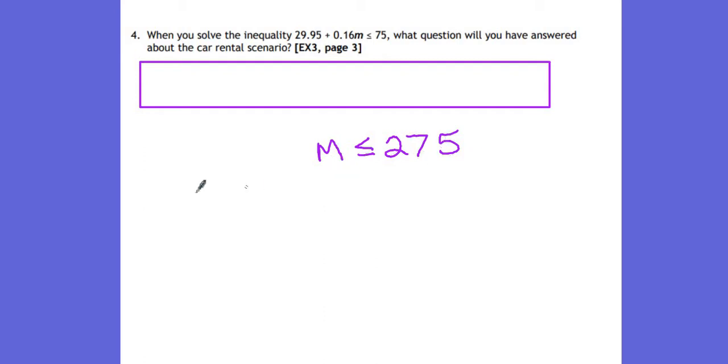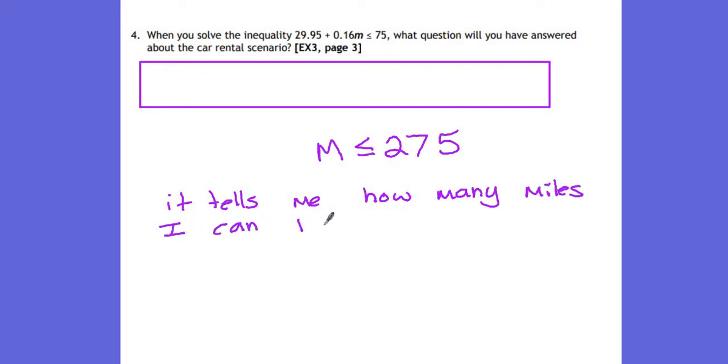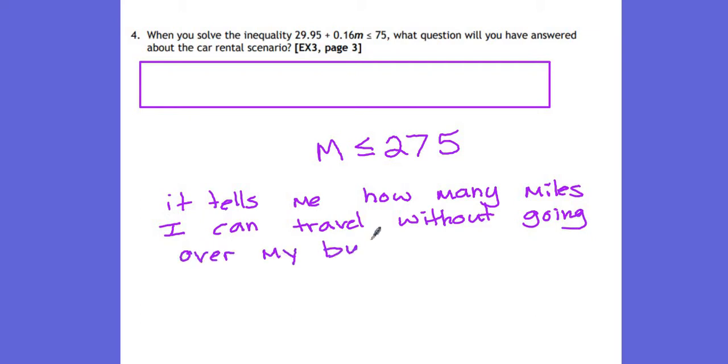So this tells me, this is what you're going to write, it tells me how many miles I can travel without going over my budget.